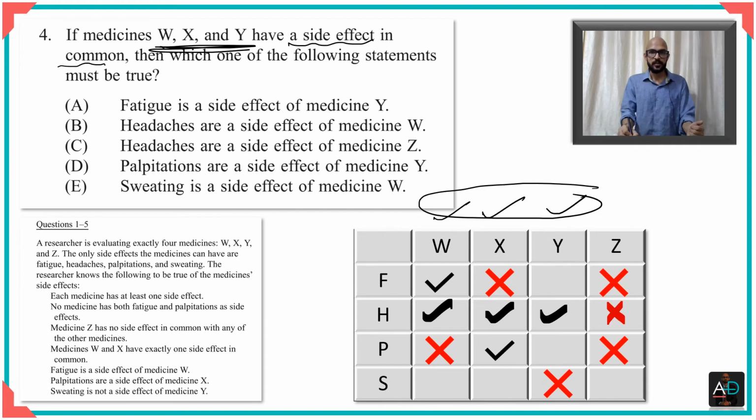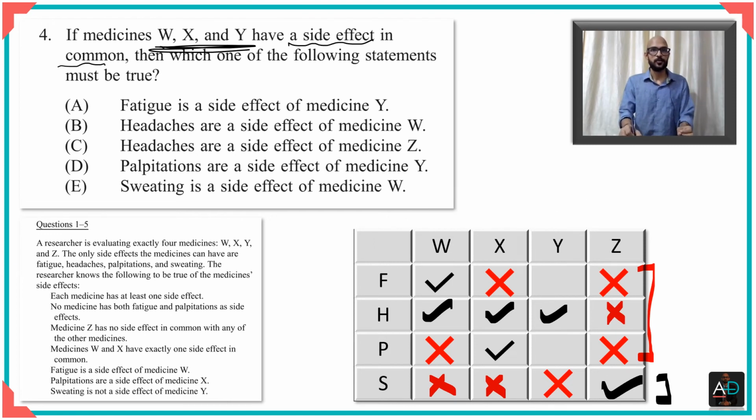And if there are 3 crosses here, then surely this one has to be a tick mark, because Z must have at least one side effect. And if there's a tick mark here, that means the other 2 here will also have to have a cross. Okay, so now we've got all the data that we could from this one statement that was given to us here. So now let's look at option by option.